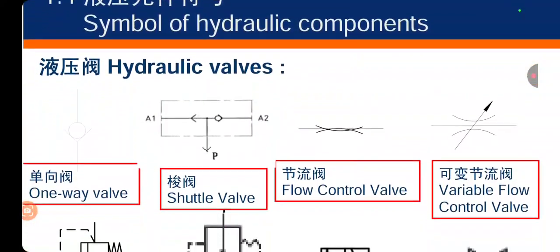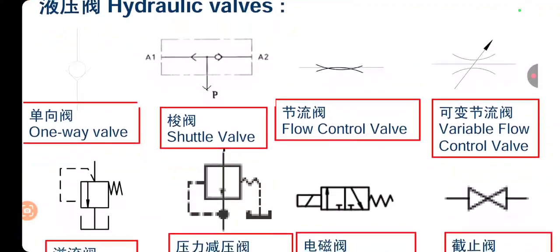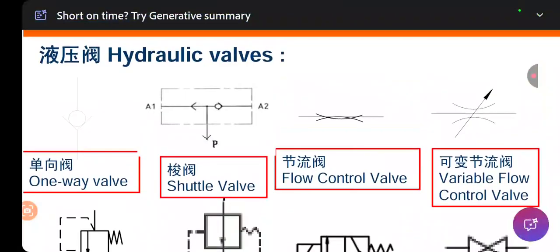All right, and next we have symbols of hydraulic valves. You can see one way valve, it's a check valve. It only allows flow in one direction, from higher to lower side, but you must know that it can be operated on a positive pressure or the negative pressure.